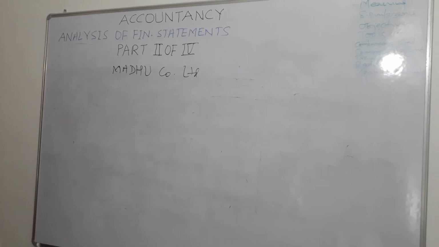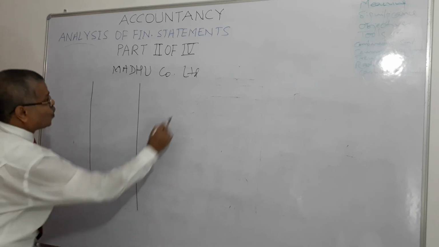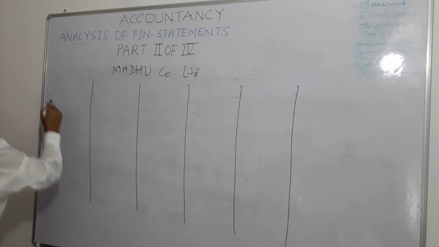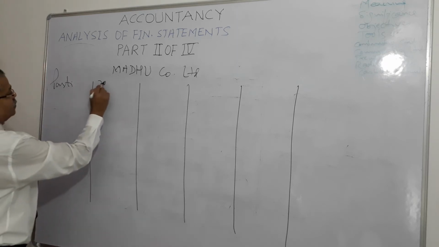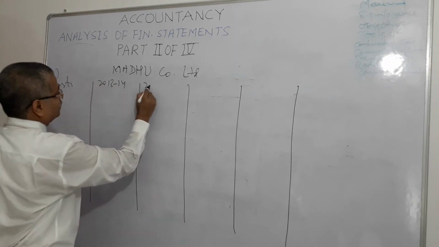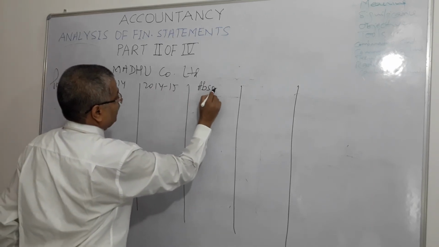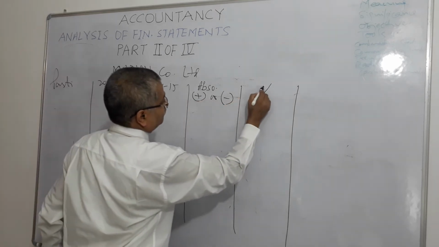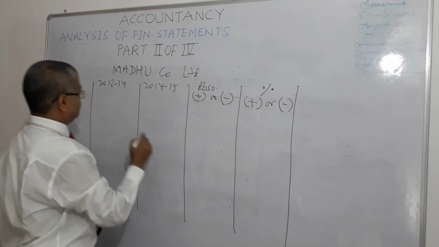So let us start like that only. Here are the columns: particulars, and here are 13-14 and 14-15, then absolute, plus or minus, and percentage increase or decrease, right?